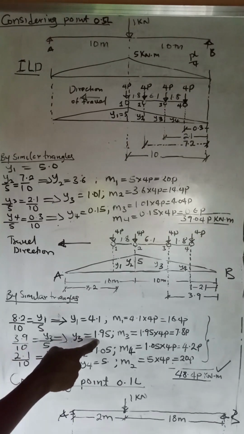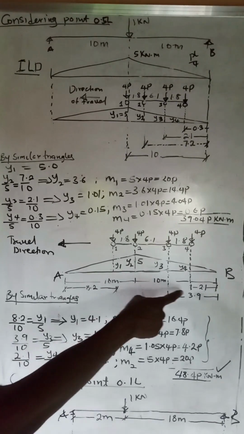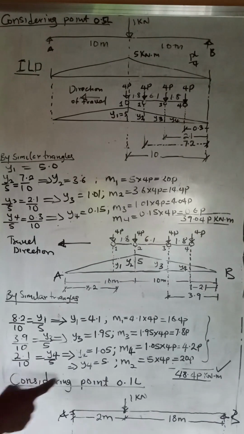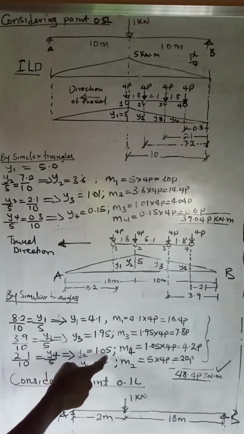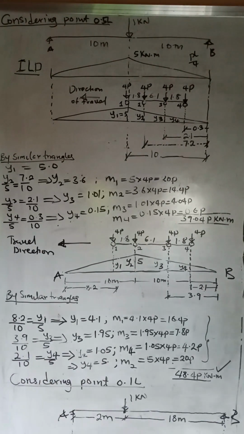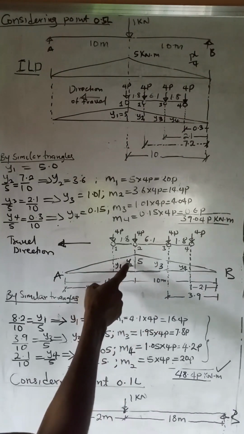That will give us Y3 as 1.95. We will do the same thing for Y4, and we'll have Y4 to be 1.05. So this is what we have. We've gotten Y1, we've gotten Y2, and we've gotten Y4.